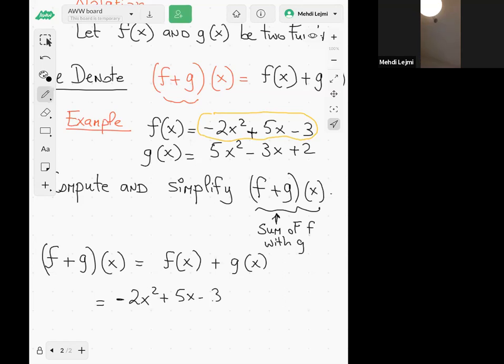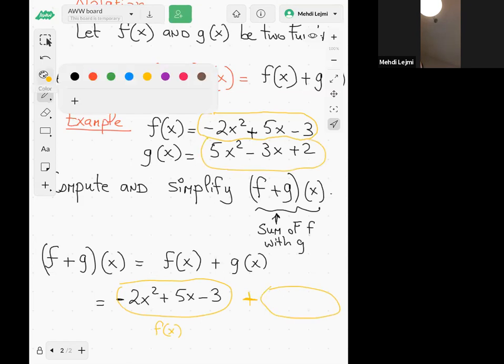That's my f. And then you have plus g. My g of x is 5x squared minus 3x plus 2.